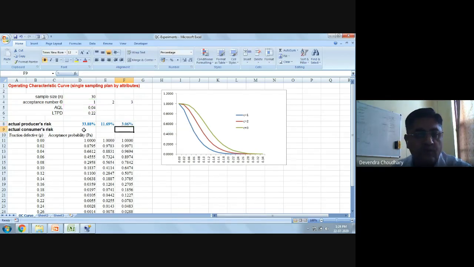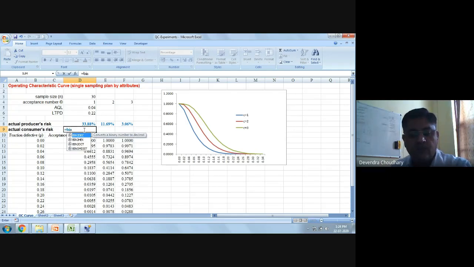Now I find out the probability of acceptance at the LTPD level. So here this is the probability of acceptance. Simply I would write the binom distribution. This number is again 1. Then trials are 30. I will freeze it.